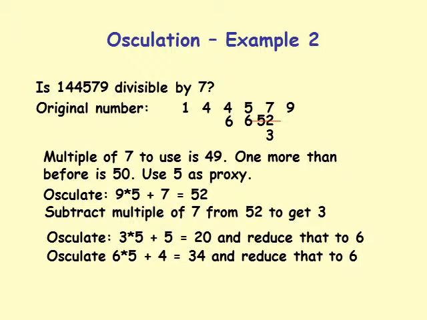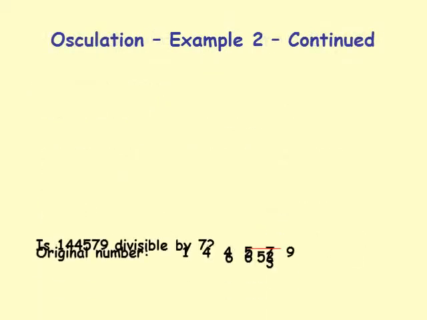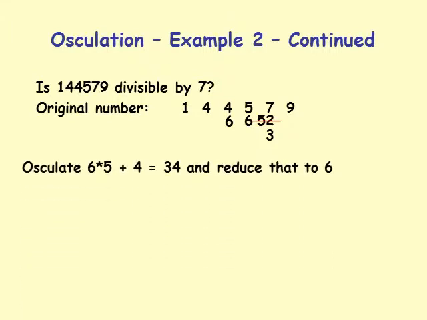Now osculate again. We have 6 on the right column and 4 on the left. 6 times the proxy 5 plus 4 is 34, and we reduce that by 28 to get 6 again. So far we got two 6s. Now we osculate again: 6 times 5 plus 4, the digit on the left, is 34, and we reduce that again to 6.